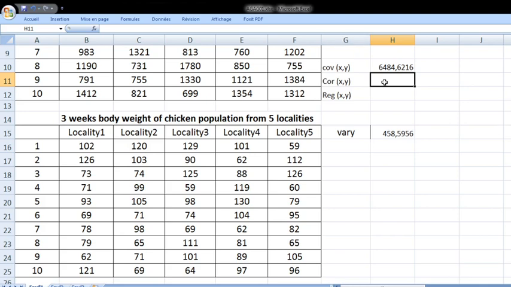Alright, now the correlation coefficient is equal to the covariance divided by the product of the standard deviations of x and y. But I can do the same to have the correlation straightforward.